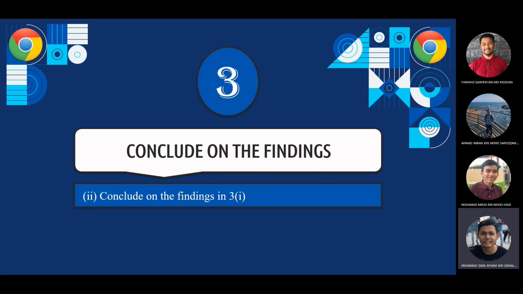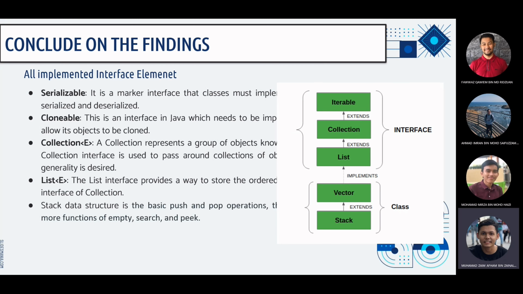Okay, conclude on the findings. All implemented interface elements: Serializable is a marker interface that a class must implement if it is to be serialized and deserialized. Cloneable is an interface in Java which needs to be implemented by a class to allow its object to be cloned.